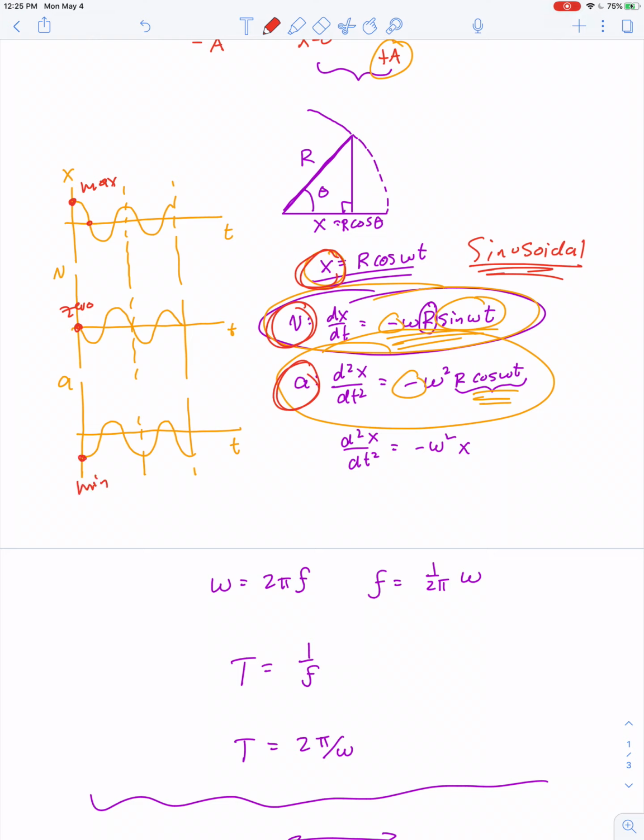When the position is 0, the speed is a minimum, and the acceleration is also 0. When the position is most negative, or at a minimum value, the speed has a 0 value and the acceleration has its maximum value. So they're all cycling, but they're cycling somewhat out of phase.